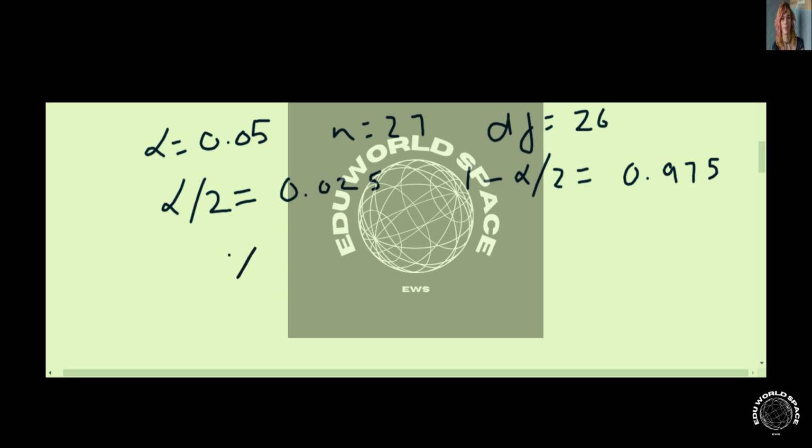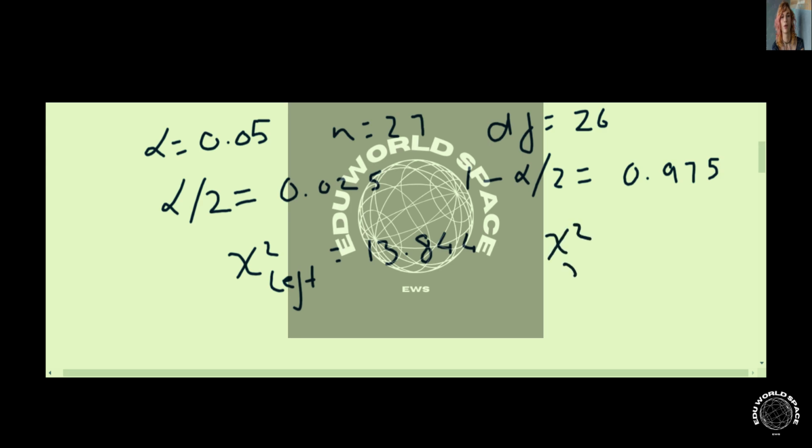Now we find the chi-square left value, which is basically chi-square 0.975 with degrees of freedom 26. This value would be 13.844.